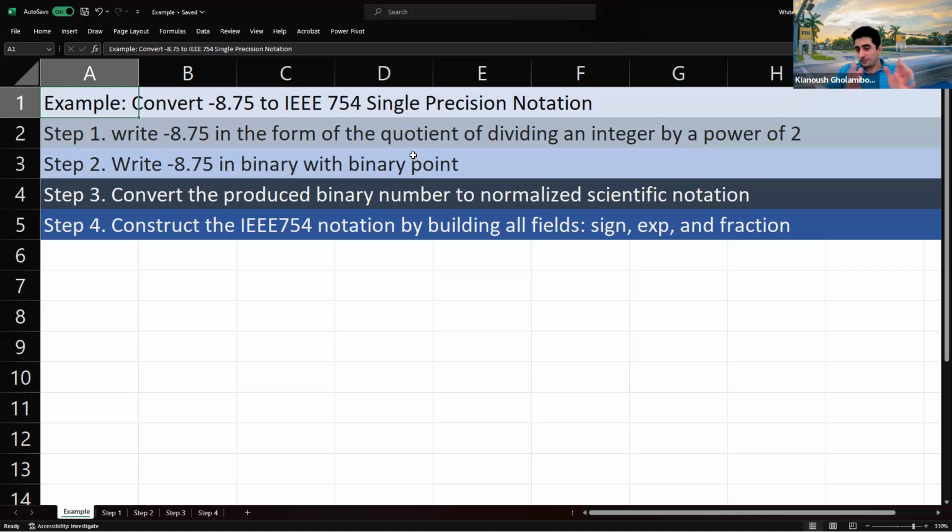Because of the longer fraction, you will have higher precision in double precision notation. But we don't want to get into that. It will be very similar to this example. If you can do the conversion to single precision by following similar steps, you can do the conversion to double precision. Let's begin with the first step.